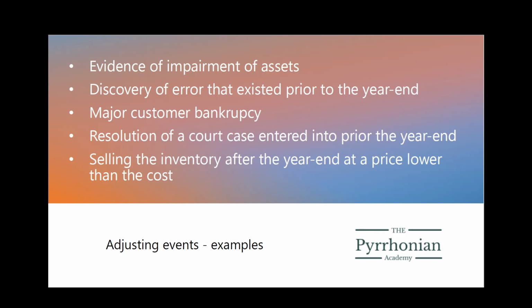The other examples are major customer bankruptcy, resolution of a court case that the company entered into prior to the year end, and selling inventory after the year end at a price lower than the cost. That suggests that at the reporting date your inventory was incorrectly valued. Okay, so these are the types of events that suggest that you should adjust your financial statements at the reporting date.